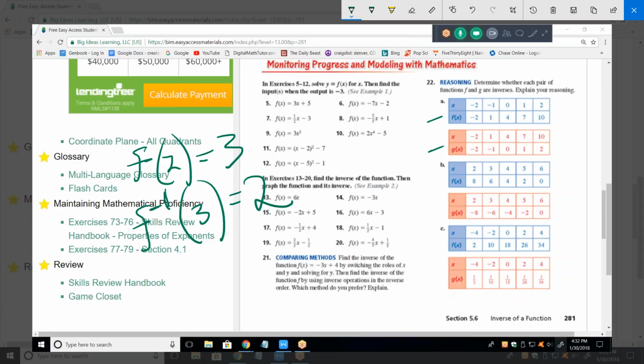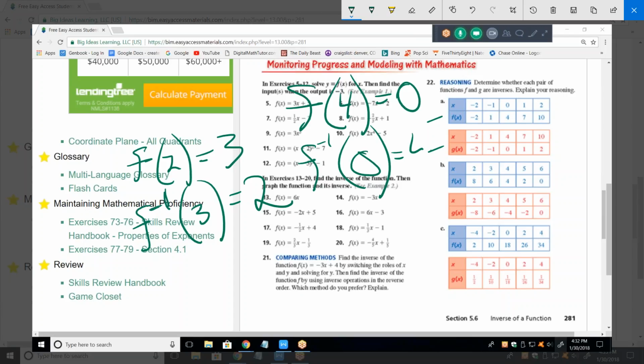If I said f of 4 equals 0, then tell me what the inverse should read. F inverse of 0 equals 4. Okay. So that's the rule we're going to use to answer these.